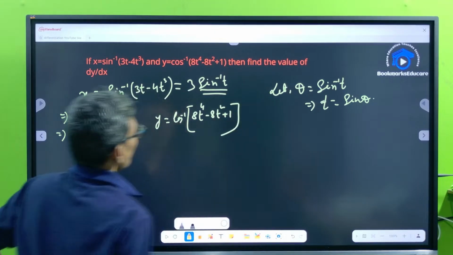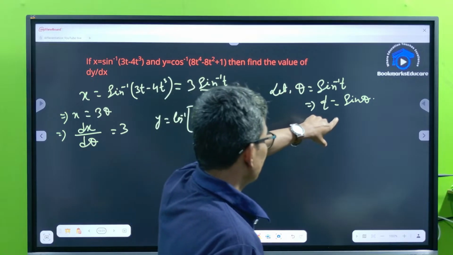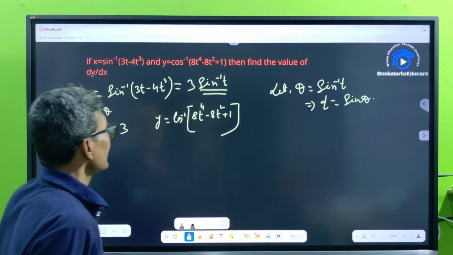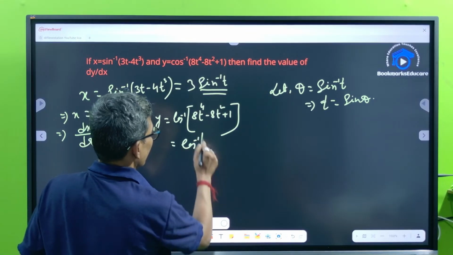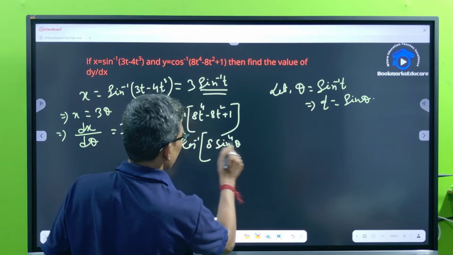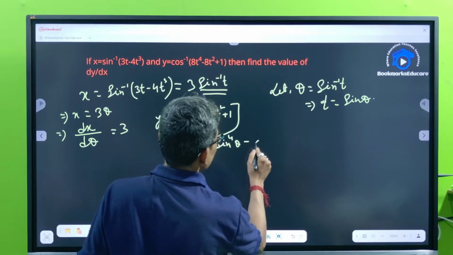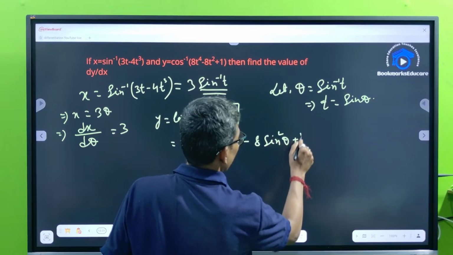So putting sin theta instead of t. So cos inverse 8 into sin to the power 4 theta minus 8 into sin square theta plus 1.